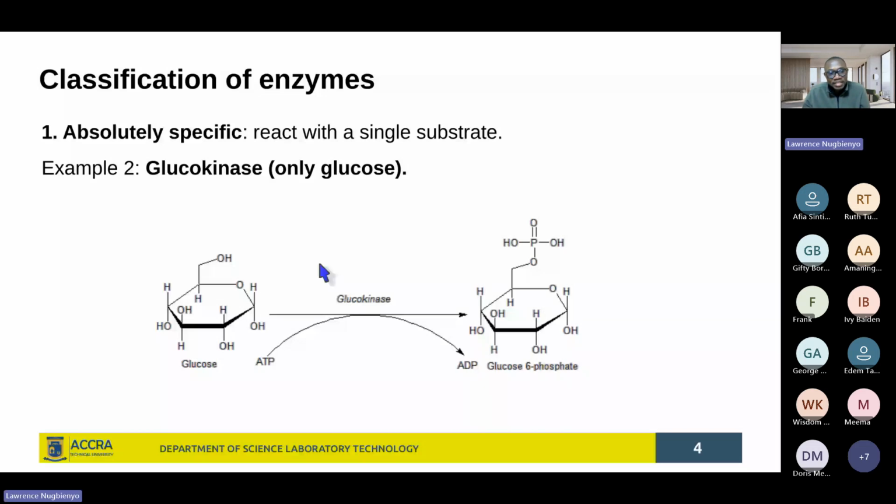So that's another absolutely specific enzyme, glucokinase. The name also tells you it acts specifically on glucose, no other substrate.